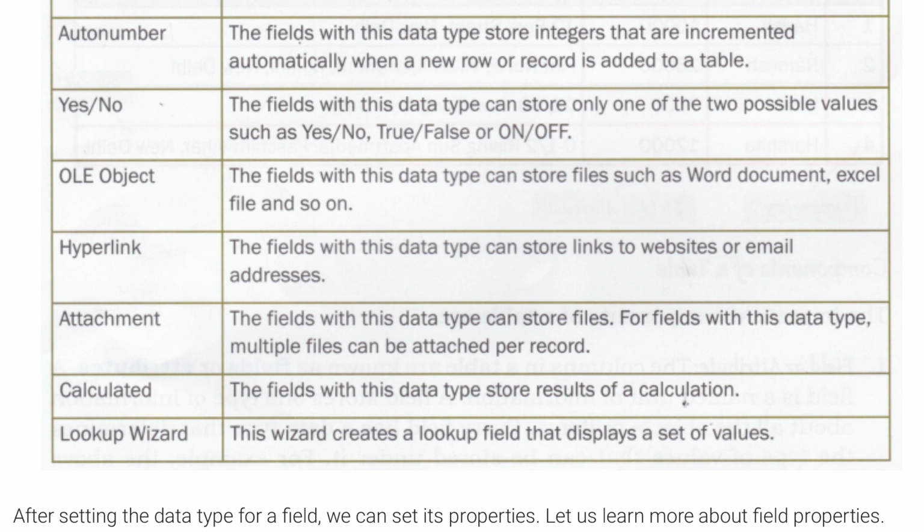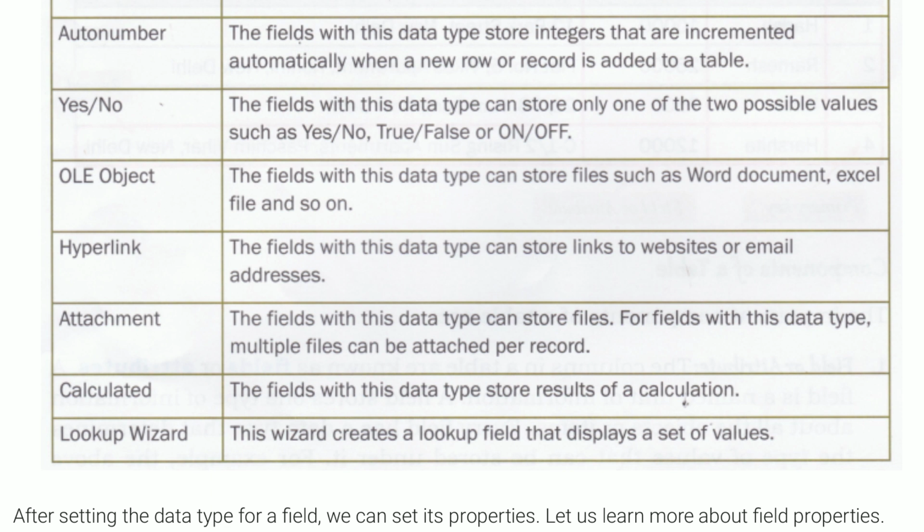The next one data type is calculated. The calculated field calculates the value based on the selected table. This field stores result of a calculation. The expression builder is used to create the calculation. Suppose that there is a table named student information. In this, there is a column named date of birth and there is another column named age.